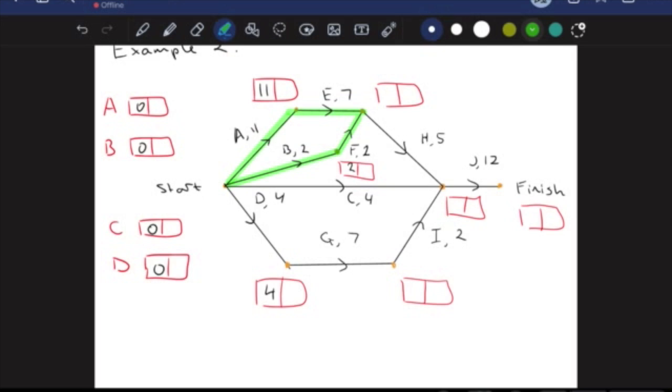They only take, for example, 4 hours if we're using hours again. But A and E, they take longer. And we can't start H until everything is done. So we have to think about this longer path over here from A and E. So when we forward scan, we always pick the larger value because everything needs to be done before we commence our next activity. I hope that makes sense so far.